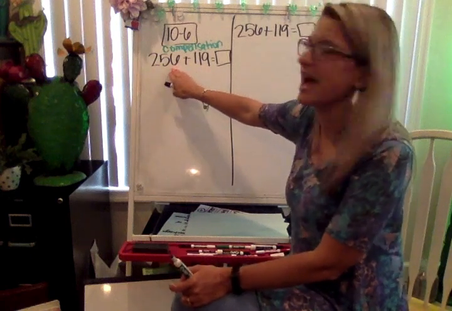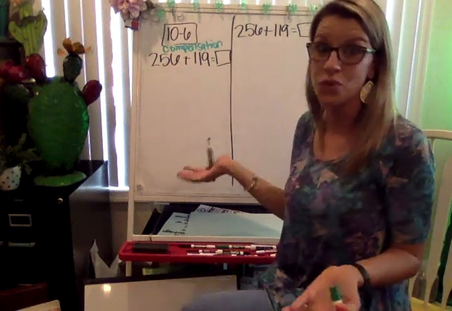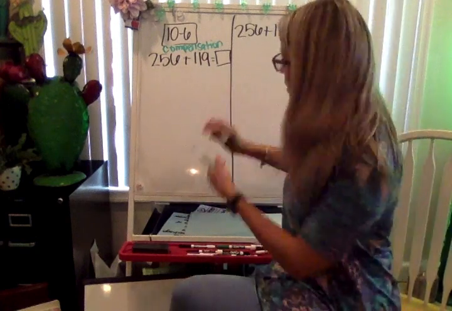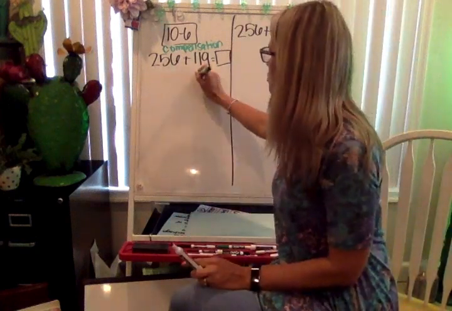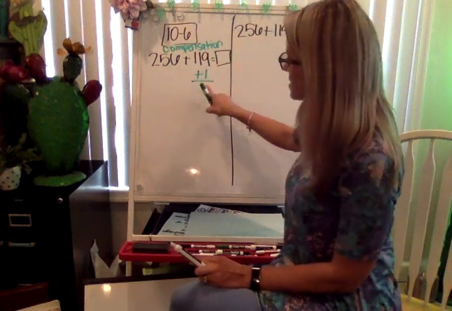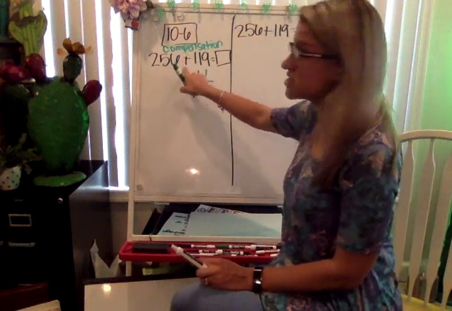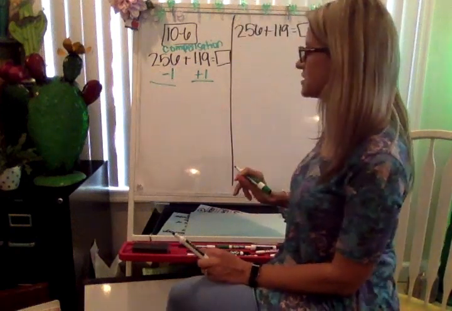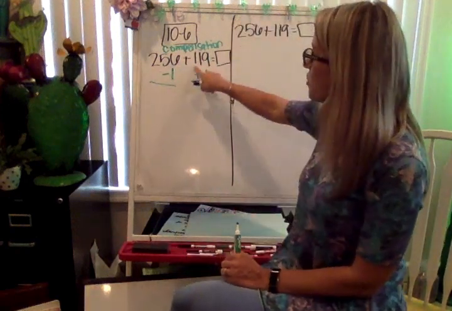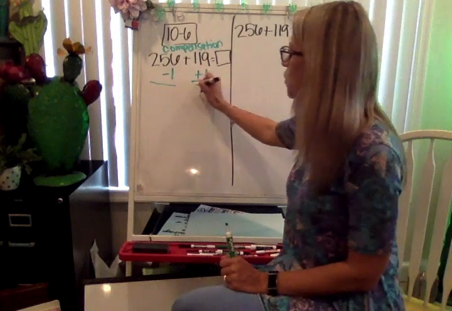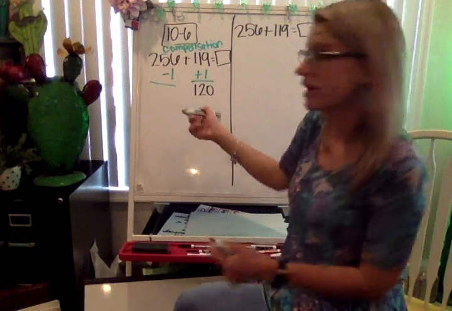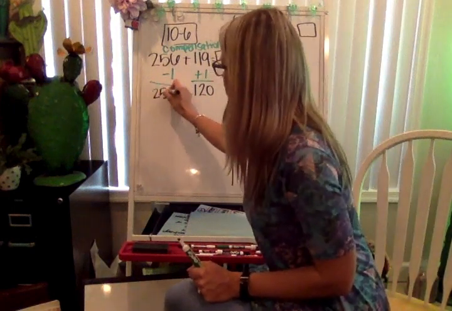So I'm not going to be adding 4 to the 6. Even though you could, I'm going to choose the easy button of, let me just add 1. So for compensation, I'm going to add 1 on this side, and because it's an addition compensation equation, I'm going to subtract 1 from the opposite side. 119 plus 1 more is 120. 256 minus 1 is 255.